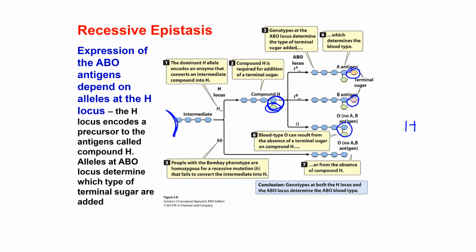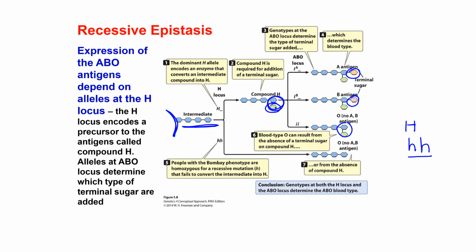Now, what can happen rarely is that this locus H has two recessive alleles. If this happens, there is no enzyme that would attach the fucose and the chain stays in the intermediate form. So it does not create a base for the enzyme to attach the terminal sugar.